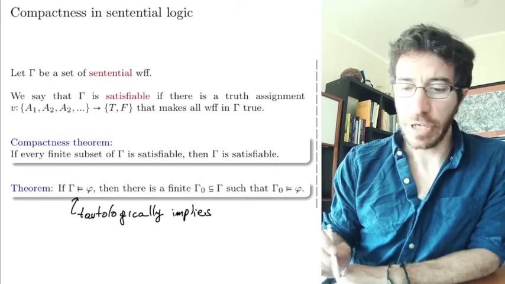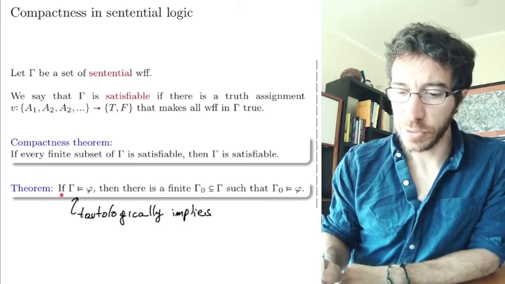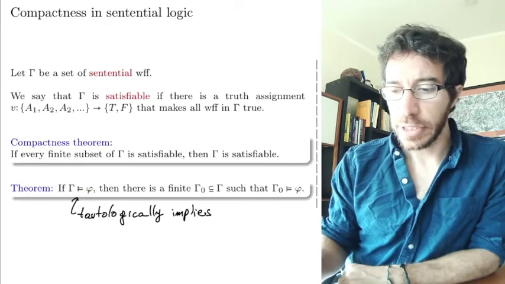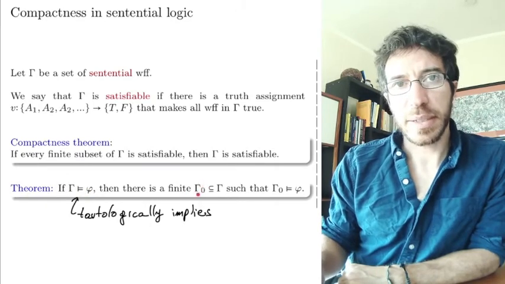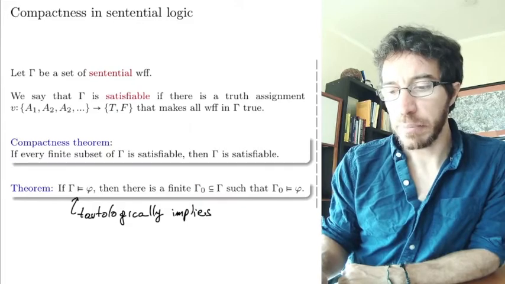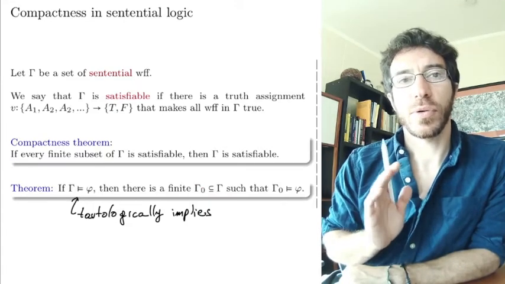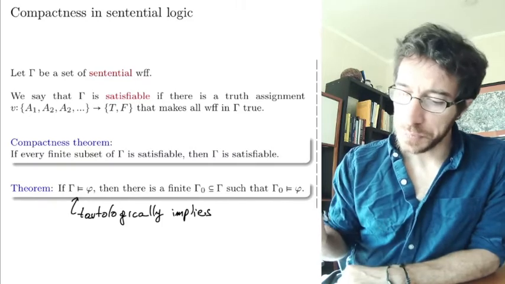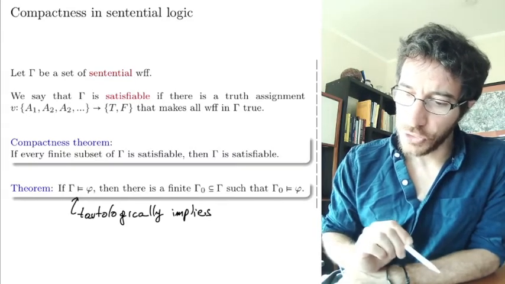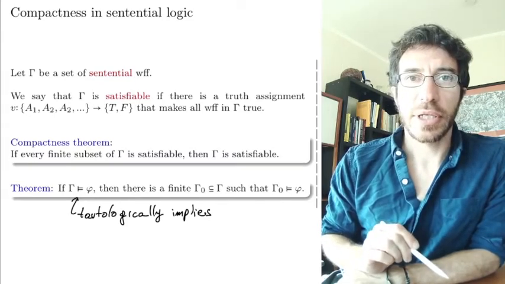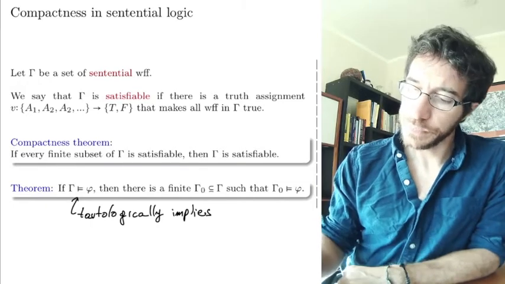So if every truth assignment that makes gamma true makes phi true, then there has to be some finite subset of gamma such that every truth assignment that makes that one true already makes phi true. Cool. These two are easy to see to be equivalent.